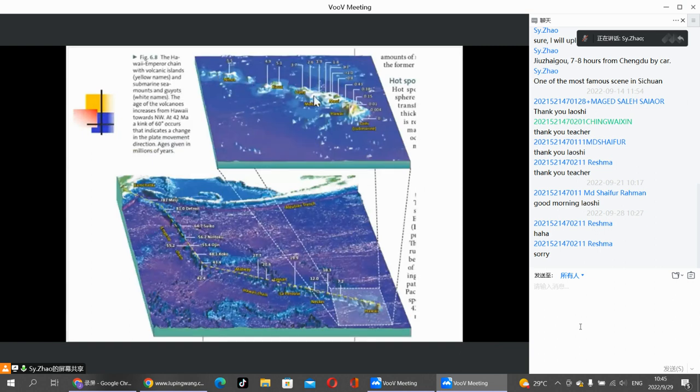At the main island of Hawaii, the nucleus of most recent volcanism in the Hawaii chain has been connected to the hotspot plume for less than 1 million years.